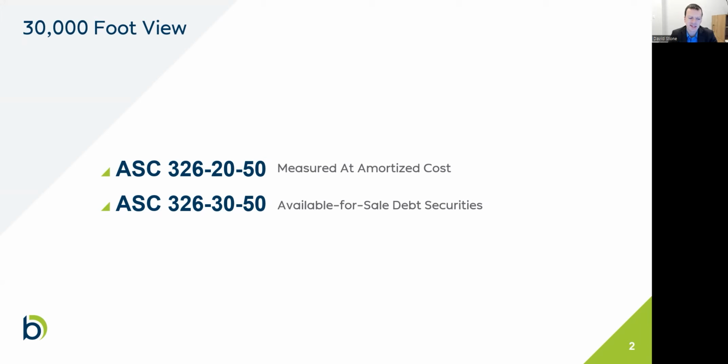And then 326-30-50 is going to be for your available for sale debt securities. Now, the CECL standard doesn't necessarily apply to available for sale or AFS debt securities, as they're commonly called, but there are some targeted changes to the accounting for AFS debt securities and the disclosures for such, as we'll see. So those are covered in 3050 in the codification.